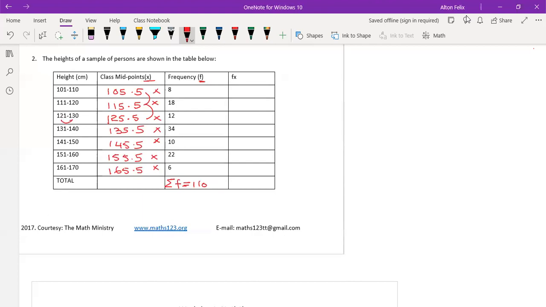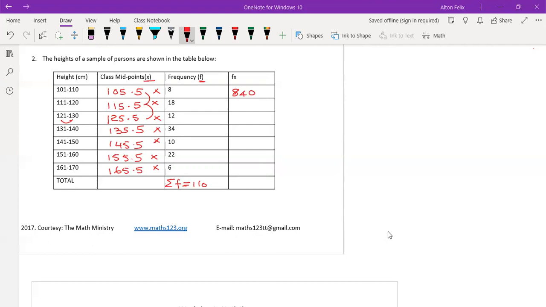Okay, so let's see how these figures work out. 105.5 multiplied by 8, well, that's 844. Let's put that in. 18 multiplied by 115.5.